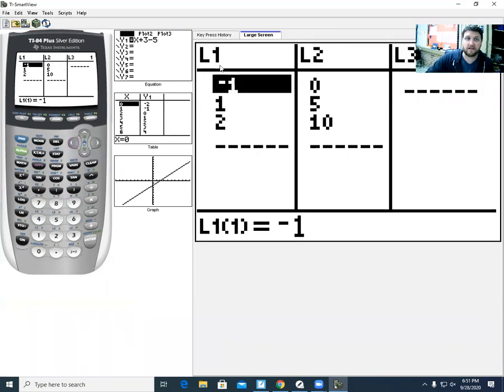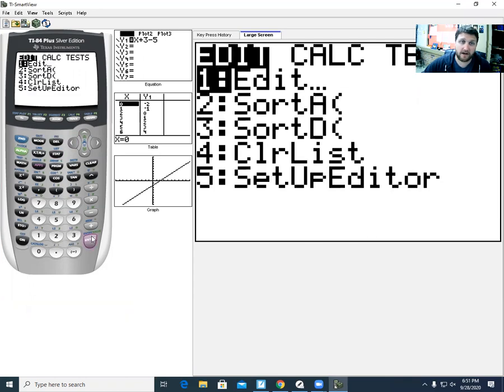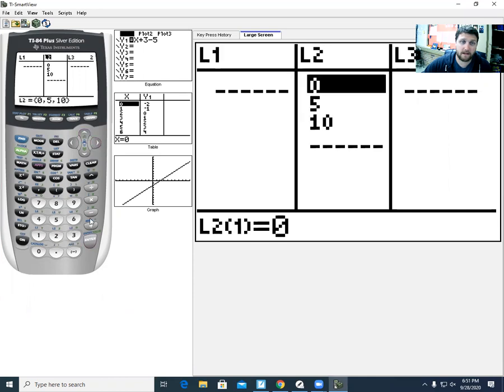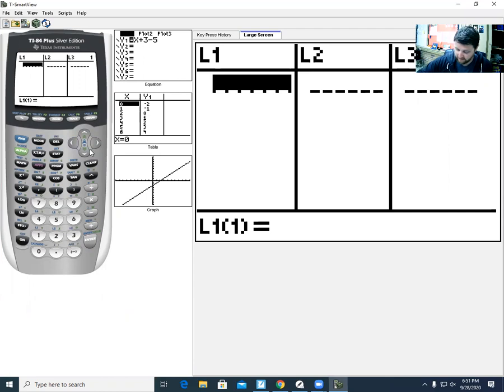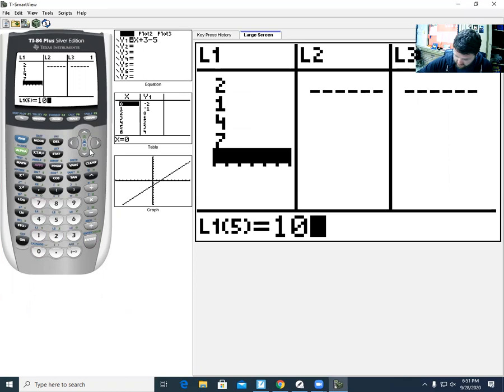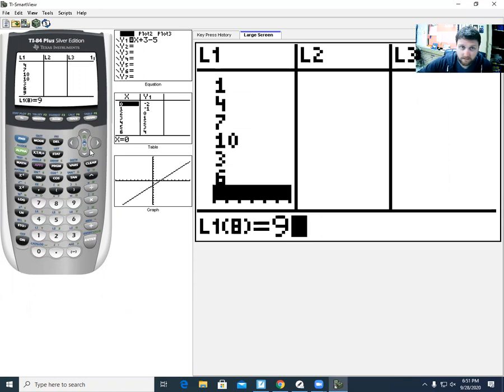So I'm going to go to the stat button. I'm going to arrow over to hit calc. I'm going to go up here and clear this out. And then I'm going to type in the same table that I just had. So it was 2, 1, 4, 7, 10, 3, 6, 9.